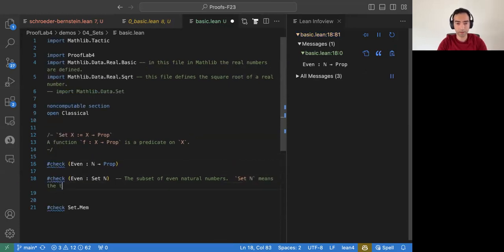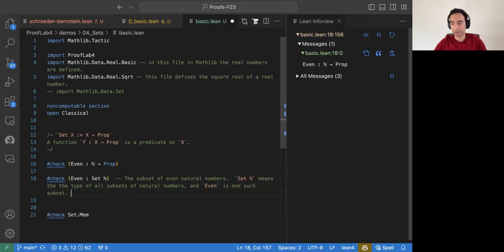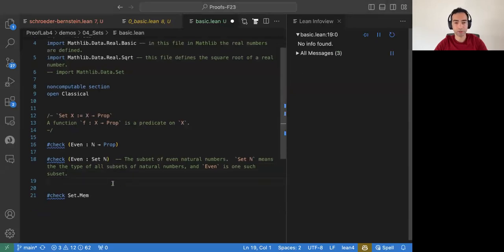The type even is one such subset. So maybe, if you want to see exactly the long description of these things, this is what I wrote in the source file.